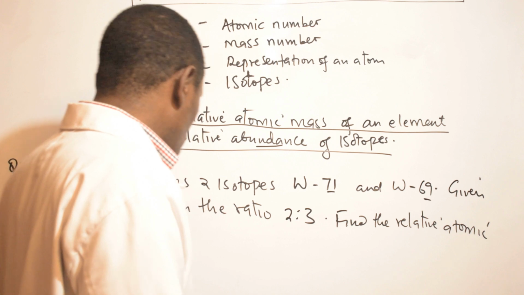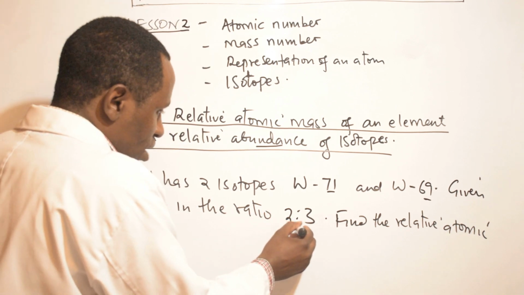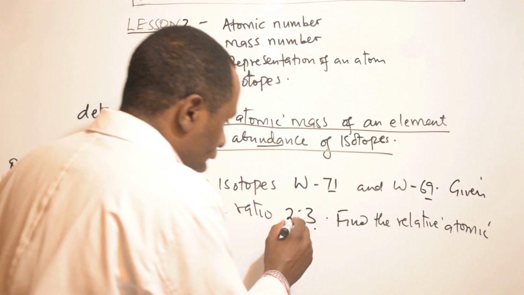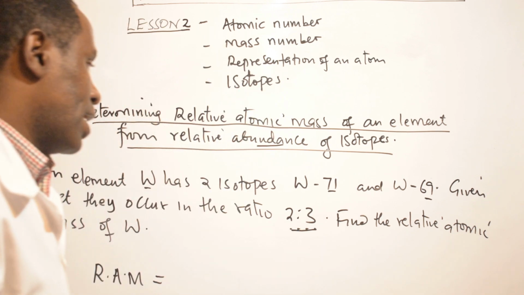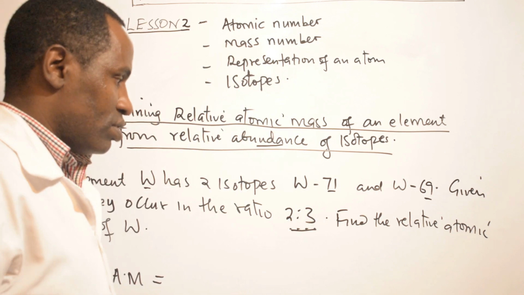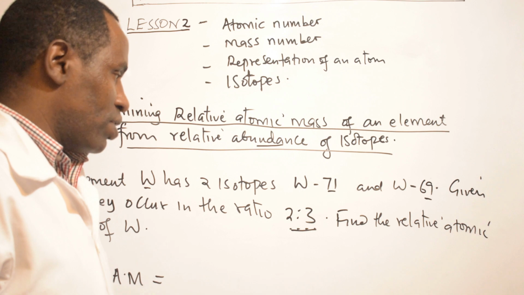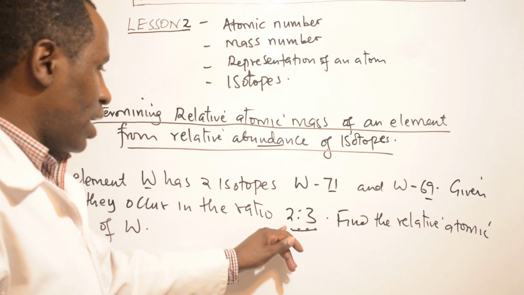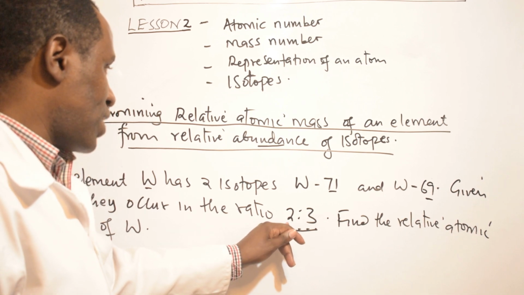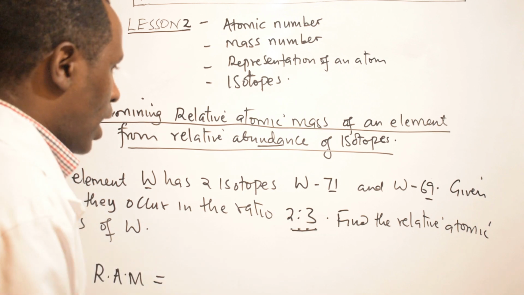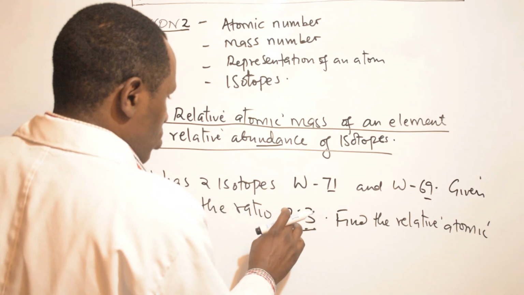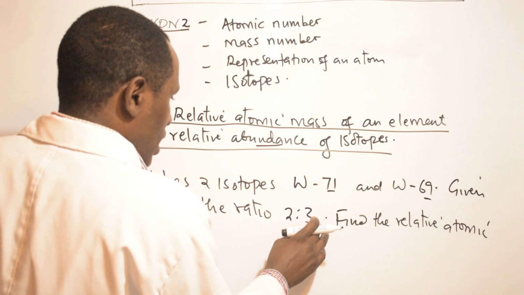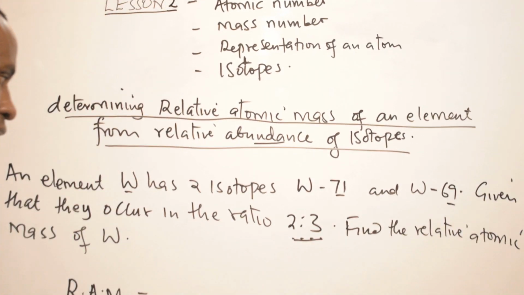Now, let us argue out this ratio. A ratio of 2:3 means that if I have 5 atoms of W, the 2 represents W71 and the 3 represents W69.